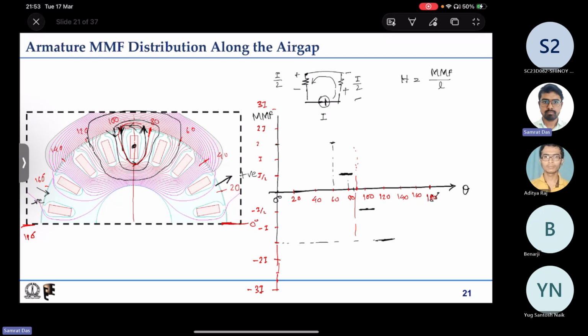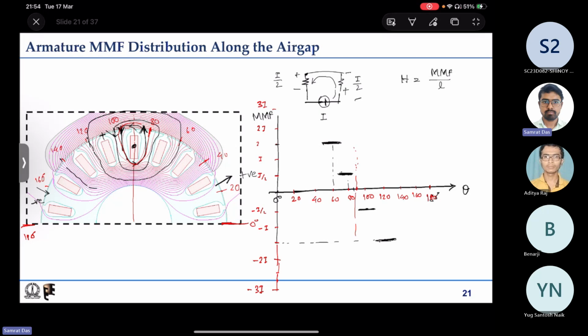So this is the MMF distribution. There is some discontinuity at the slot opening. So only if you spare the slot opening regions, it will be a stepped distribution like this.